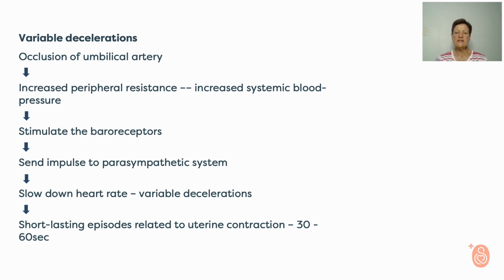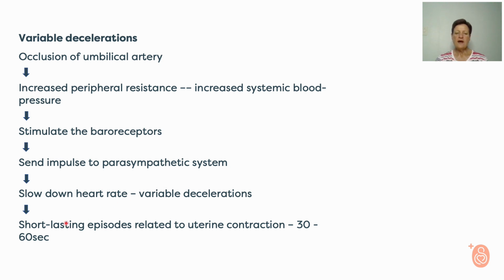It increases the systemic blood pressure, and that stimulates the baroreceptors, which, remember, stimulate the parasympathetic nervous system. The parasympathetic nervous system slows down the heart rate, and we get variable decelerations. And the moment that this pressure is decreased, in the sense that there's a little bit of relief of pressure on the umbilical cord, the baroreceptors are not stimulated anymore, and the fetal heart rate goes back to normal.